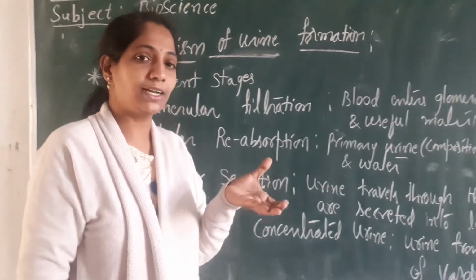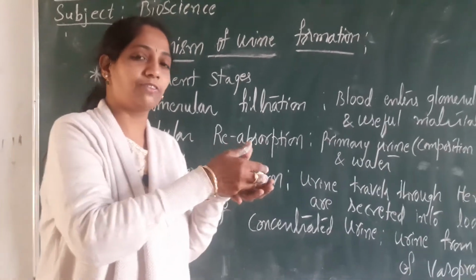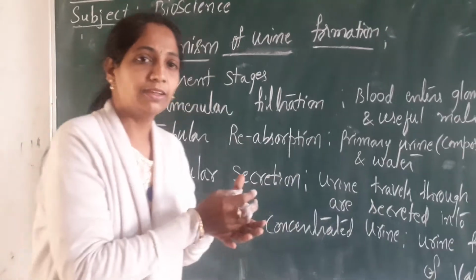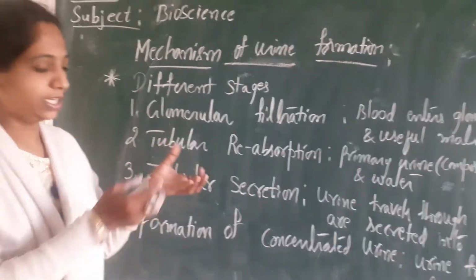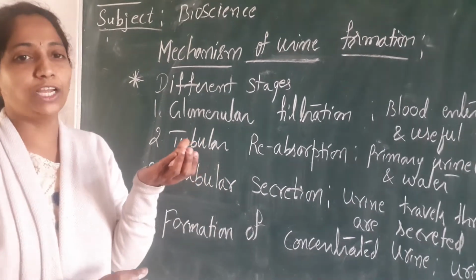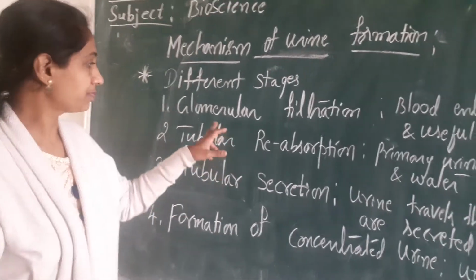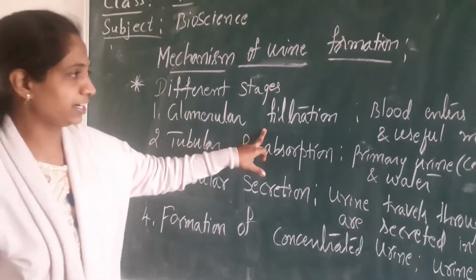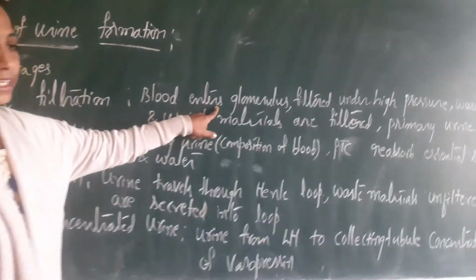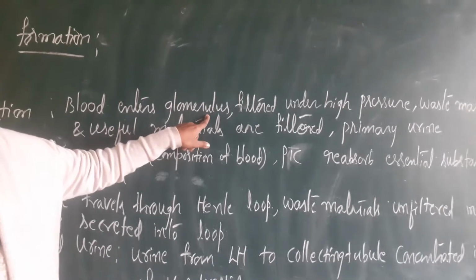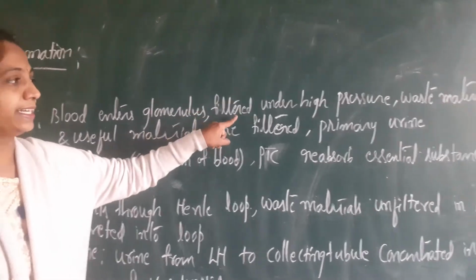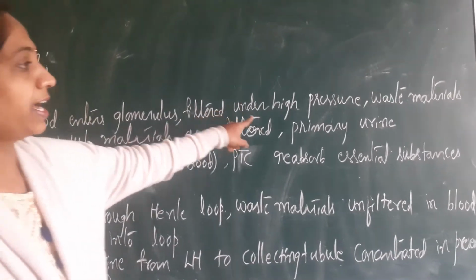Bowman's capsule is a cup-like structure which contains a network of capillaries, and that is the glomerulus. In this cup, how are waste materials filtered out? That is glomerular filtration. The blood enters the glomerulus and gets filtered under high pressure.